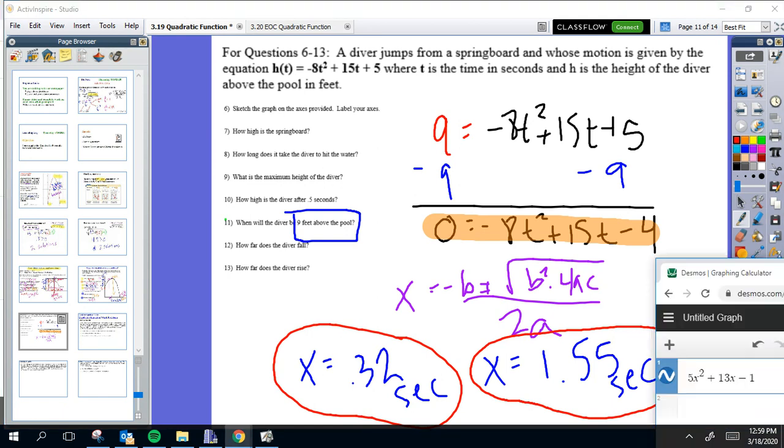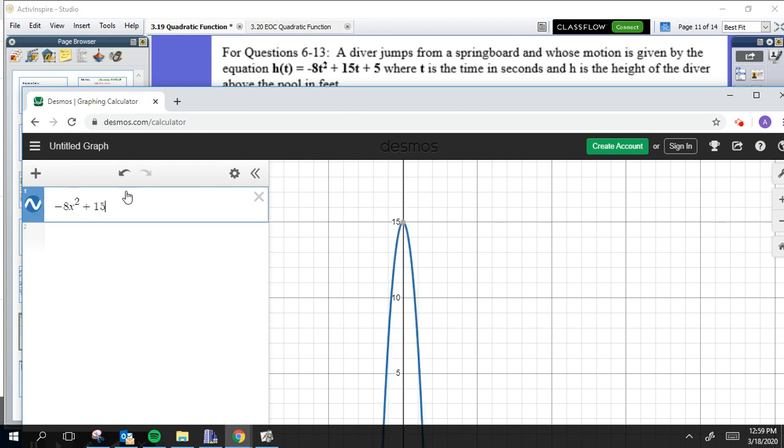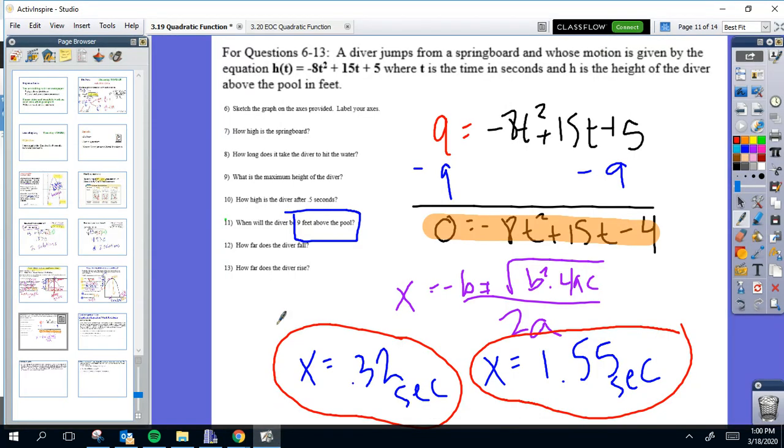So this is Desmos active, so let's use this and plug in the equation. Negative 8x to the power of 2 plus 15x plus 5. All right, so this is my equation. Look, this matches the vertex that we already found, and the diver starting off at 5 feet on the springboard. So it says in our equation, when will the diver be 9 feet?